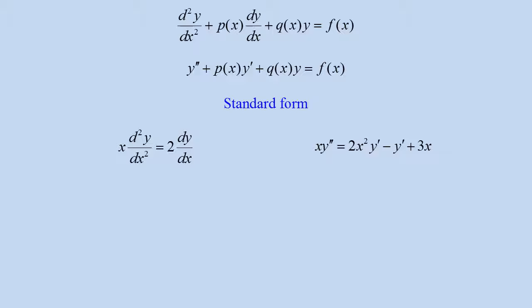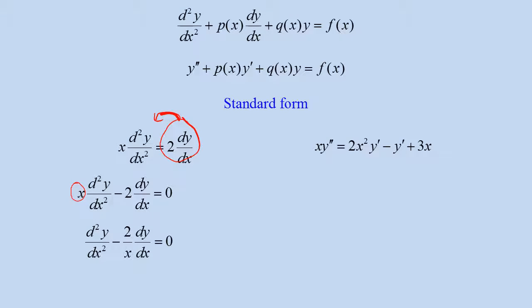On the one on the left, to put this in standard form, this whole term needs to come over to the other side. So if we subtract that, and we do not want a coefficient of x on the second derivative, so we will divide through by that, and we have standard form.